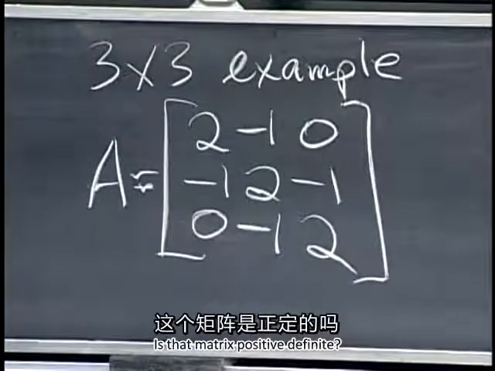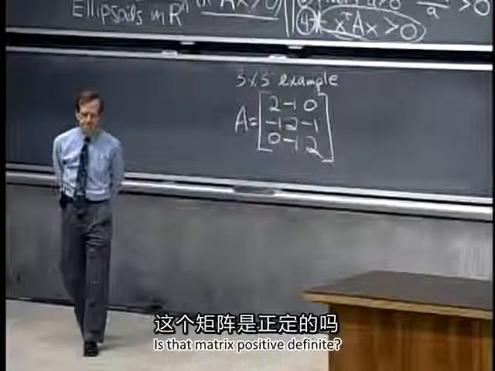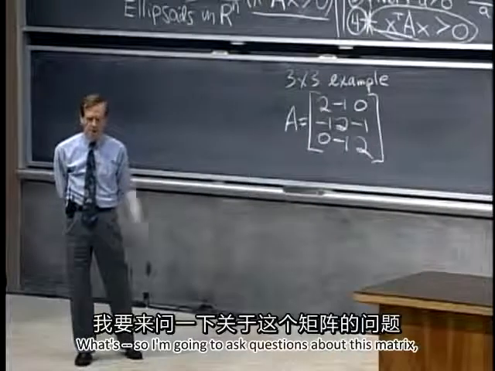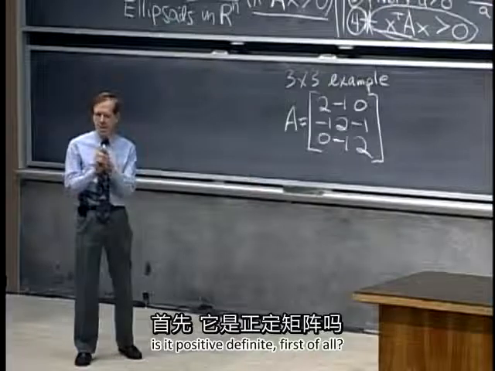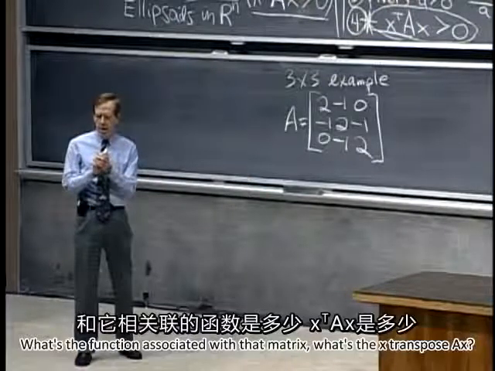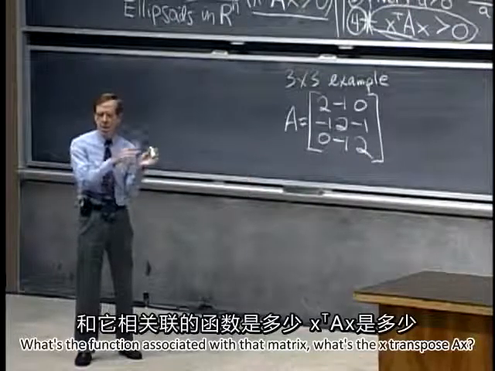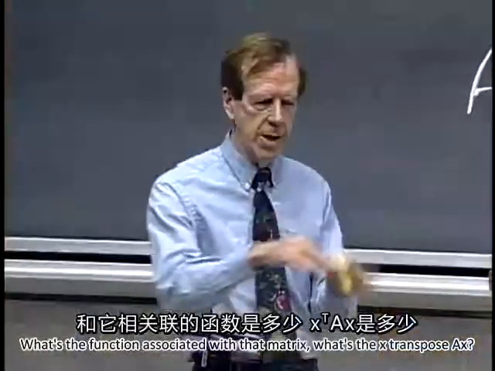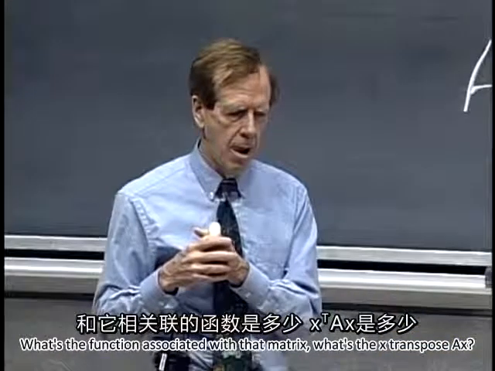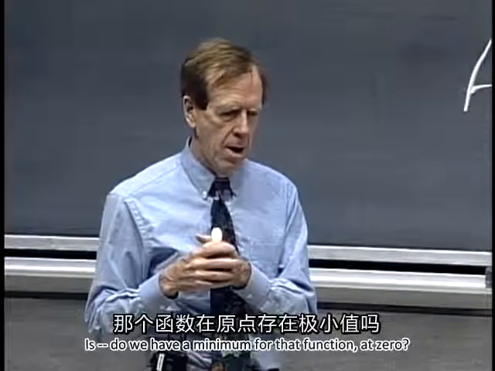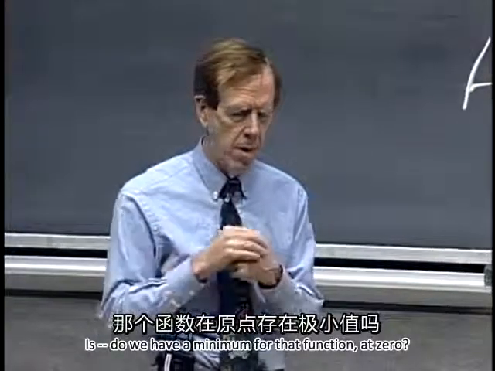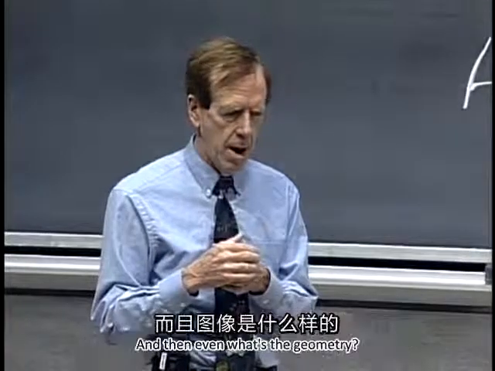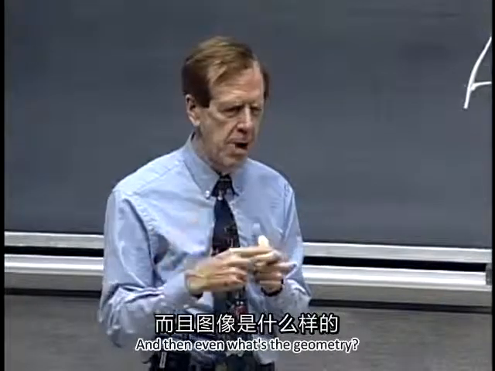Is that matrix positive definite? So I'm going to ask questions about this matrix. Is it positive definite, first of all? What's the function associated with that matrix? What's the x transpose AX? Do we have a minimum for that function at 0? And then even what's the geometry?